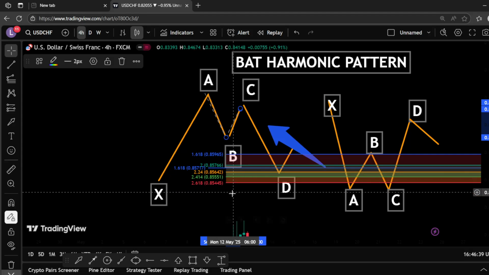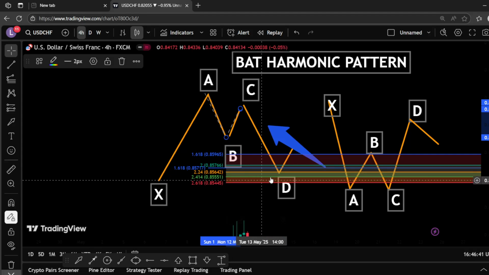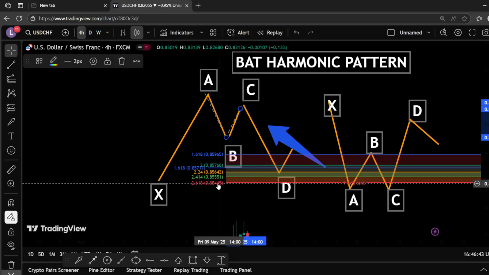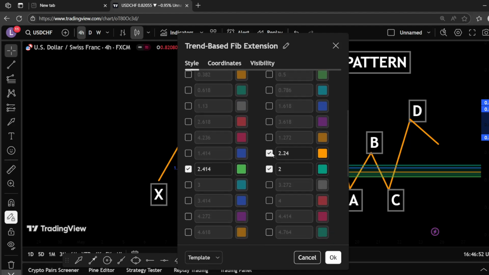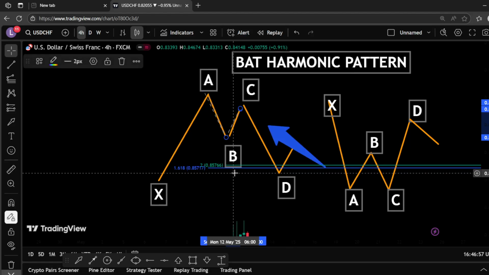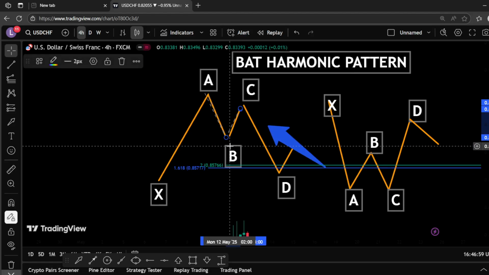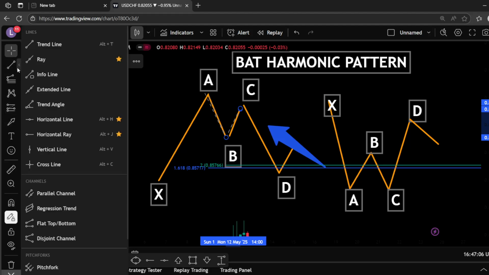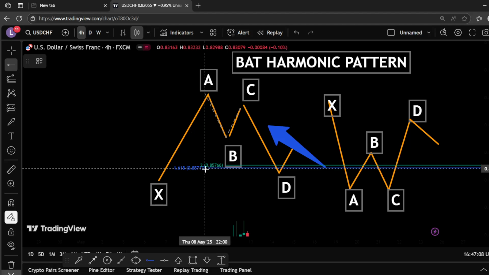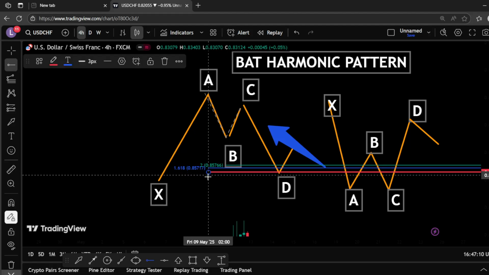Again, you need the number that is closest to the D leg, and as you can see, it is number 2. So these are the three numbers you need: the AB leg, the CB leg, and then the 0.886, which is where our D leg is, right there.